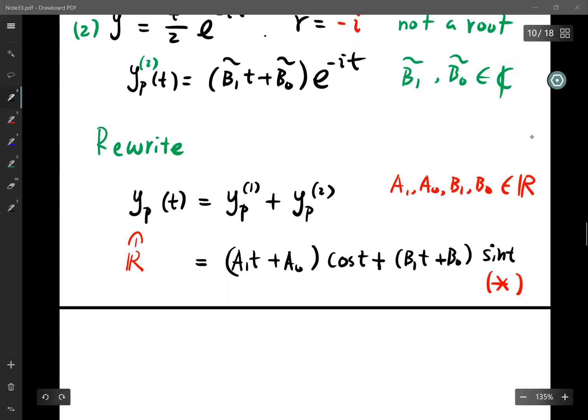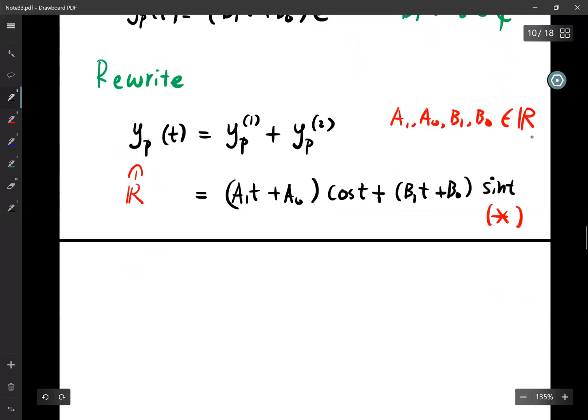Okay, thanks. So now let us use these answers and try to figure out the values of A1, A0, B1, B0 for the particular example we talked about. The problem was you take the second derivative, so I need to take one derivative. So one derivative is A1 cosine t, and then plus B1t A0 times minus sine t.